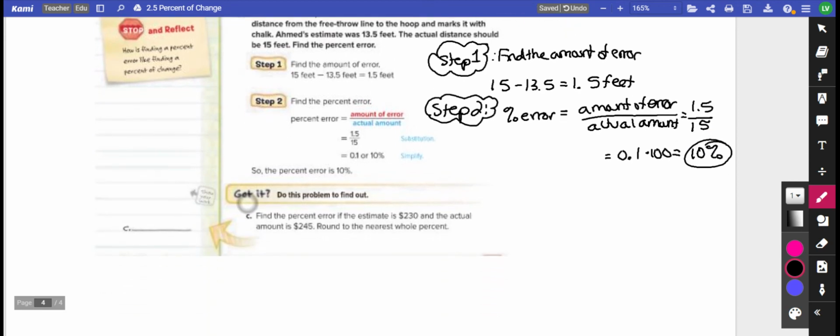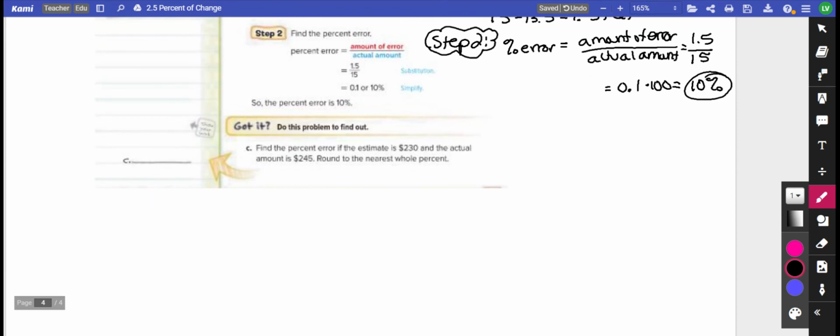Well, let's see if we got this. We're going to do this problem to find out. Find the percent error if the estimate is $230 and the actual amount is $245. We're going to round to the nearest whole percent.